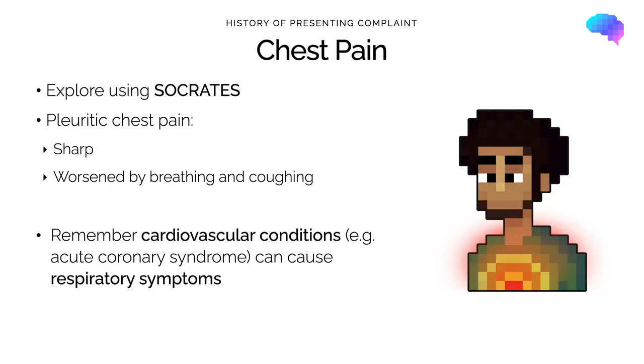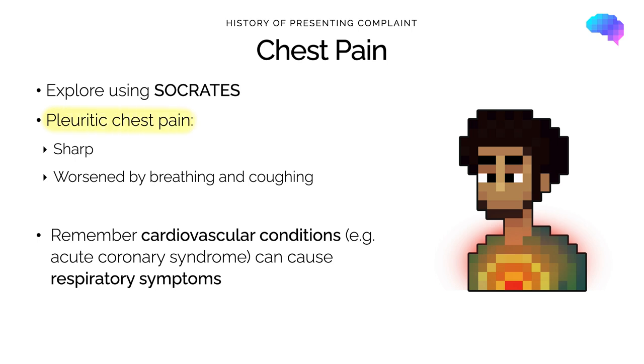Chest pain is another key symptom to cover in a respiratory history. We can use the Socrates framework discussed earlier in order to explore the chest pain in more detail. Patients with respiratory disease, such as a pulmonary embolism or inflammation of the pleural lining, such as pleurisy following a chest infection, may present with pleuritic chest pain.